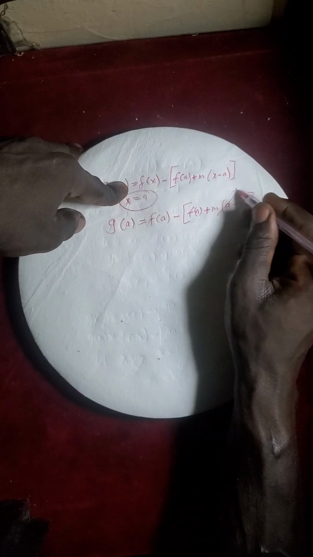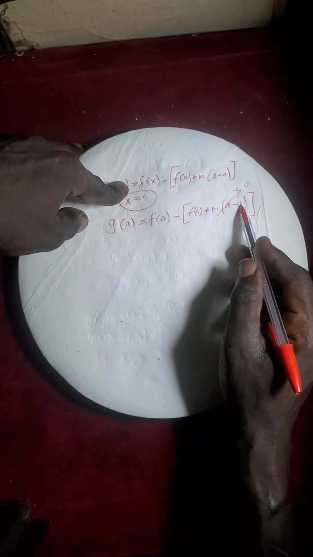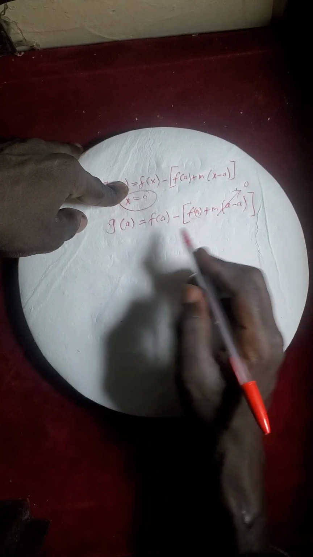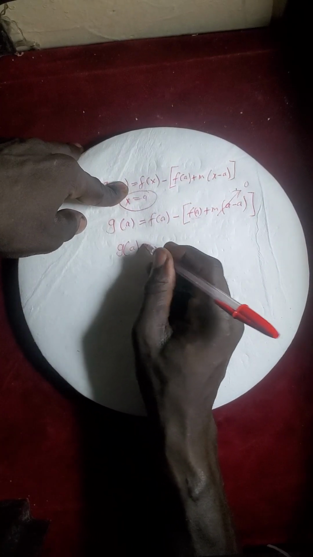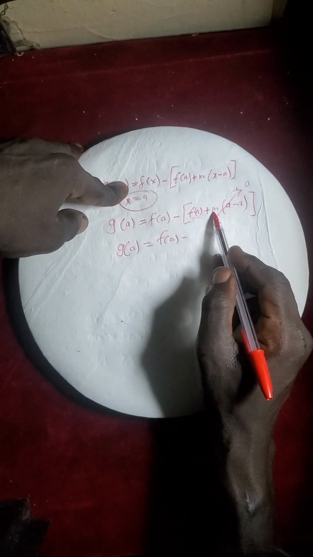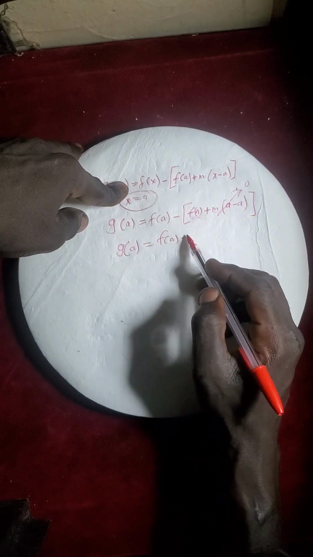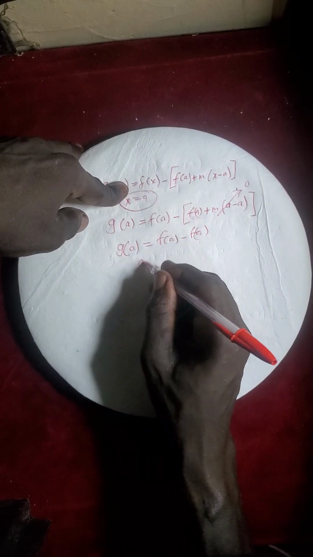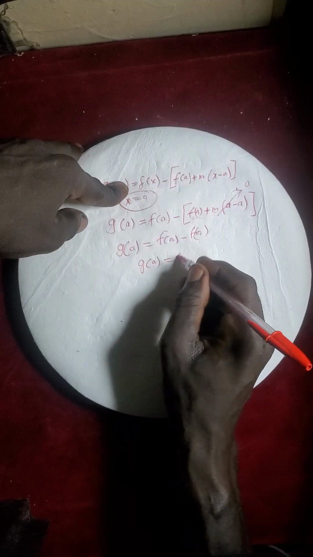So this part is producing a 0. Why? A minus a is 0. 0 times anything is 0. So I'm just going to remain with this one. So g of a equals f of a minus, inside here it's a 0. What is remaining? F of a minus. So we can see that g of a has produced a 0.